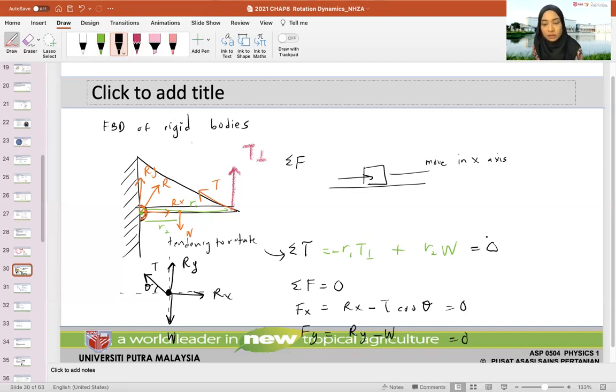Okay, I forgot one thing. If your object is in equilibrium and it has a tendency to rotate, then your conditions are net force equal to 0 and net torque equal to 0. If it's moving, then this condition does not apply. Okay, next.